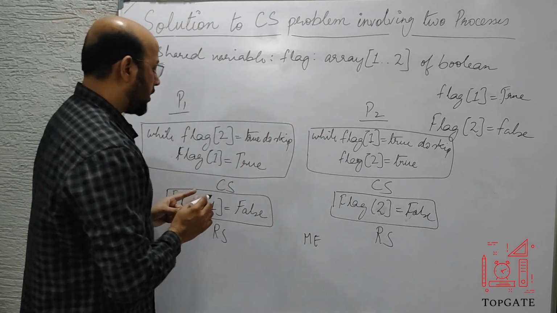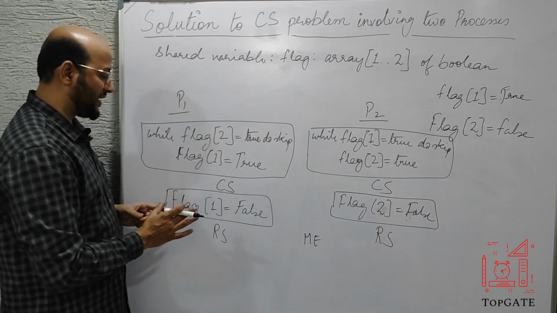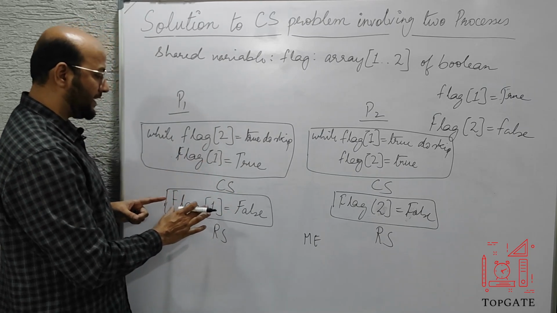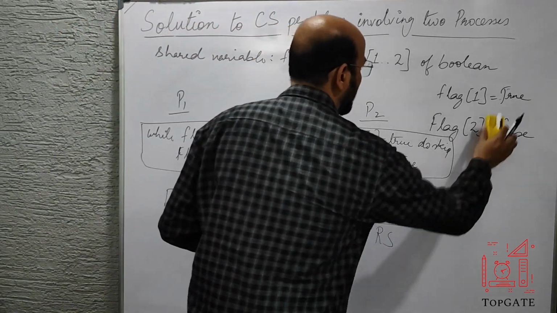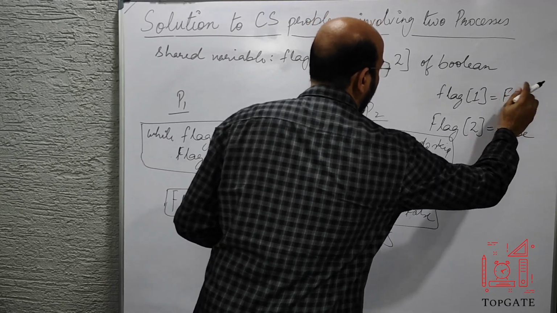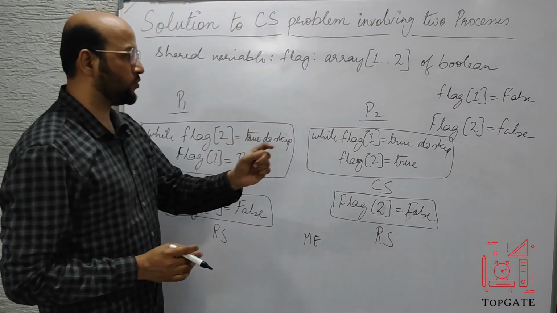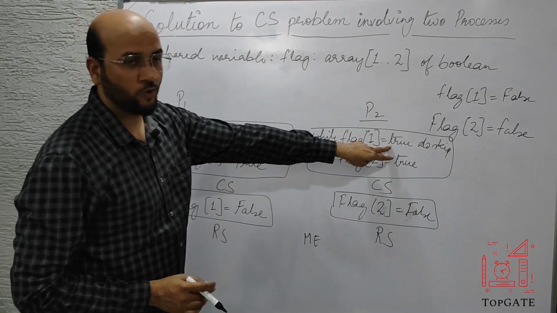Clear? Now, P1 who was working in the critical section, after completing its work in the critical section, it will come out, and in the exit section, it will write flag 1 is equal to false. So now the new value of flag 1 is equal to false. As soon as this flag 1 is equal to false, this P2 who was stuck in the while loop, this while loop will be broken. Why?